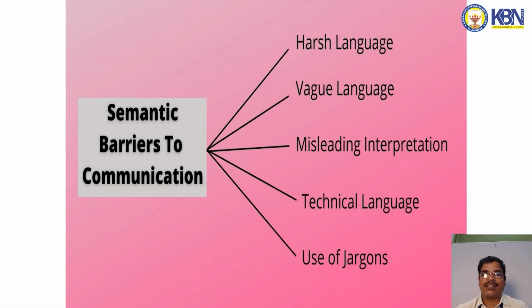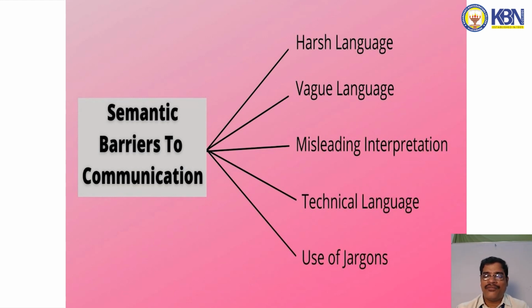And moreover, sometimes if I hear about any technical knowledge, technical language, anything about computers, I may not understand. That is technical language. If I hear some information about electronics, I may not understand, as it is technical language.